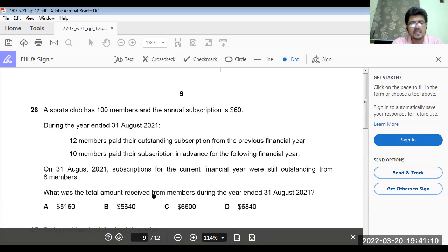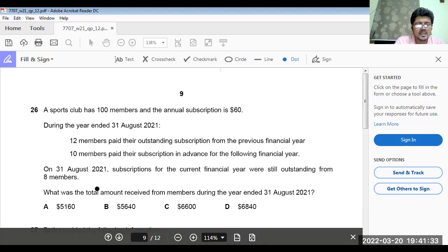Question 26. Okay. Now, the sports club had 100 members and the annual subscription is $60. Now, 12 members paid their previous year's subscription also. So what we do here is take 100 members, plus 12 members extra because they are paying an extra amount, plus 10 members also who are paying an extra amount.